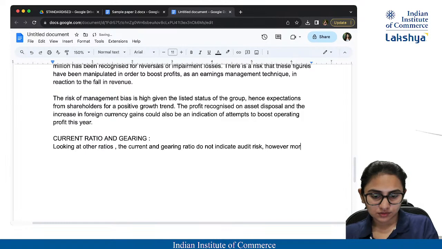However, more detail is needed to fully conclude on the liquidity and solvency position of the group.